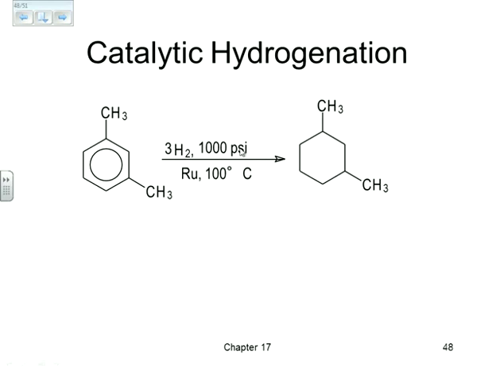And you see here 1,000 psi, so you don't have to memorize that number, but just know it's at a high pressure and 100 degrees Celsius, which would be a high temperature. So high pressure, high temperature, because this is actually a pretty hard reaction to do. Benzene does not want to turn into something else. So high pressure, high temperature, and then ruthenium there is your catalyst.